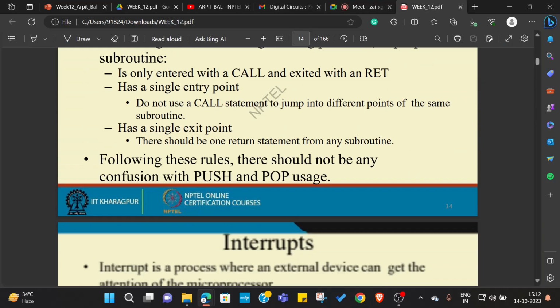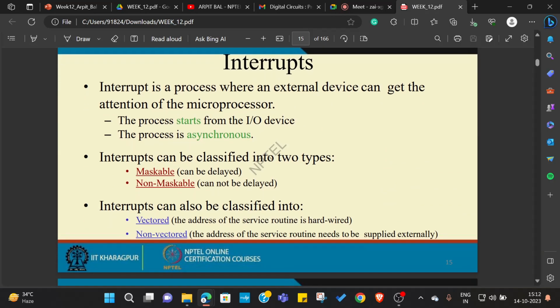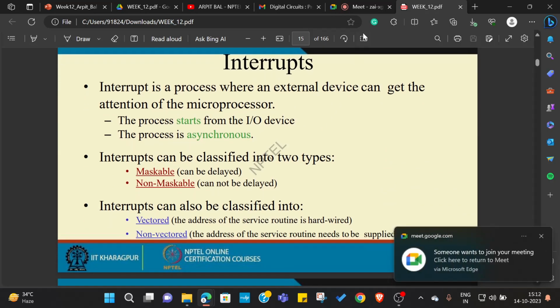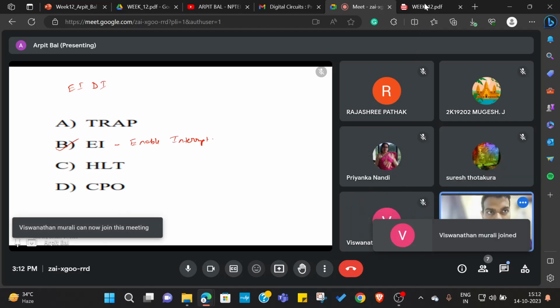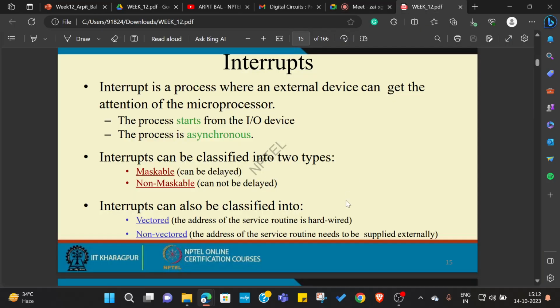And what is actually an interrupt? It was also covered in the lecture. It's a process of getting the attention of your microprocessor, where any external device can send that request, right?